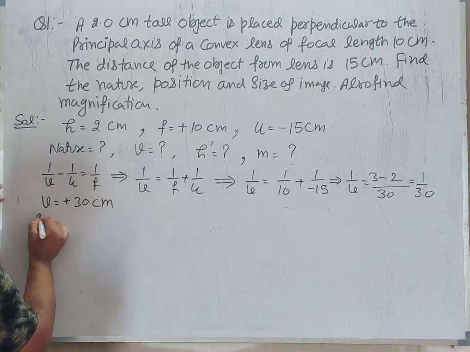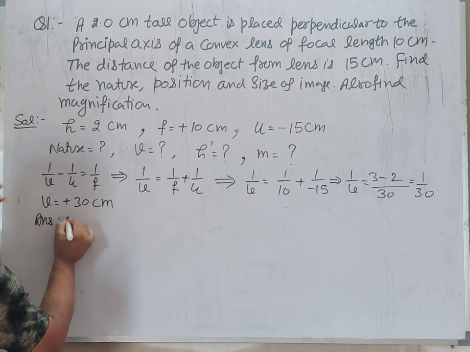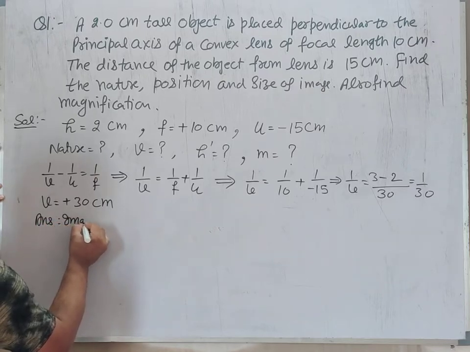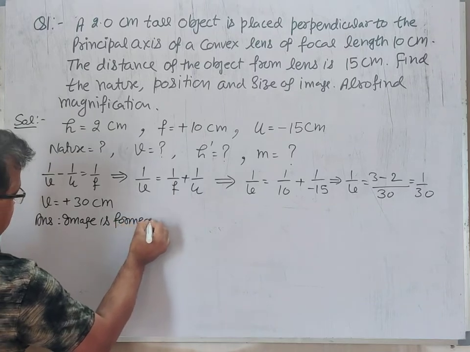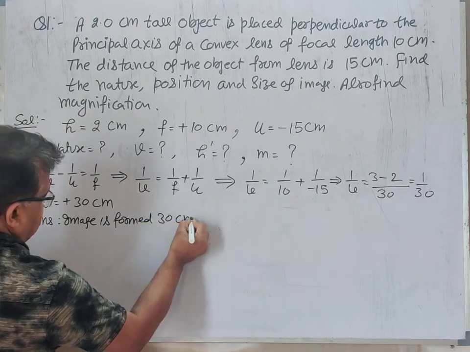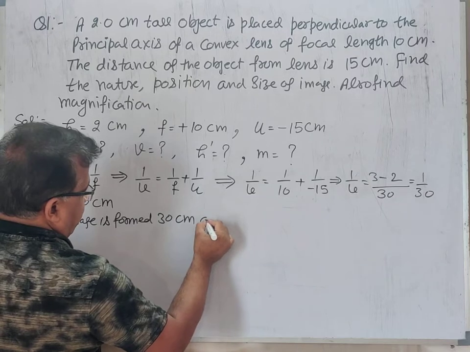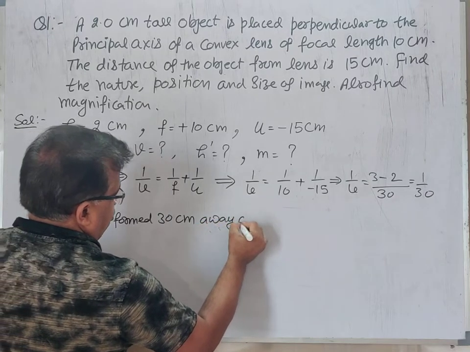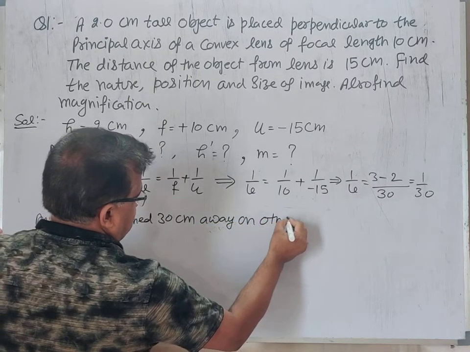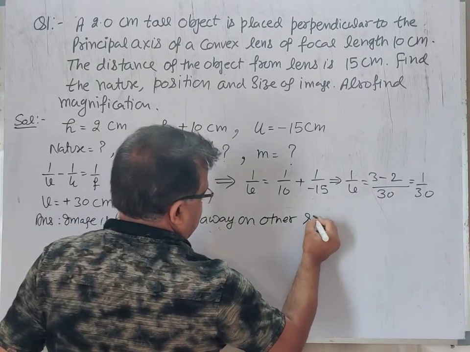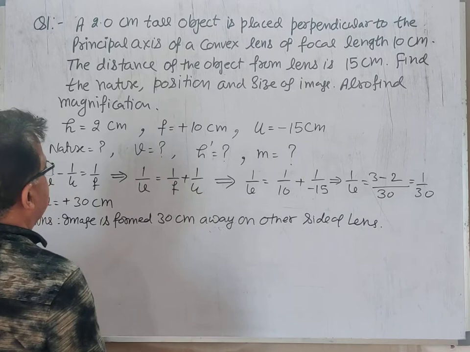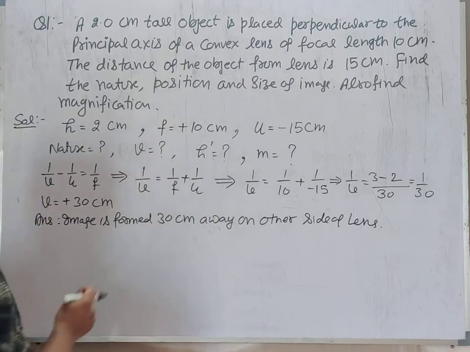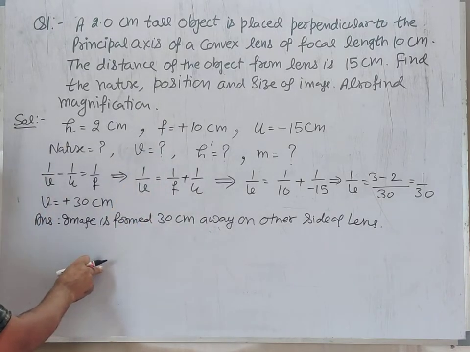So answer number 1: image distance, the image is formed 30 centimeter away on the other side of the lens. First point we have found, then we have to find h dash and other things.